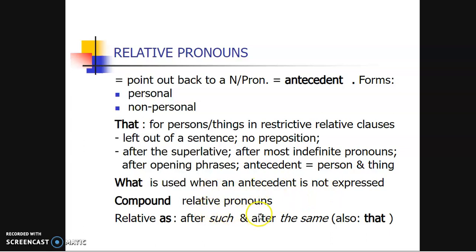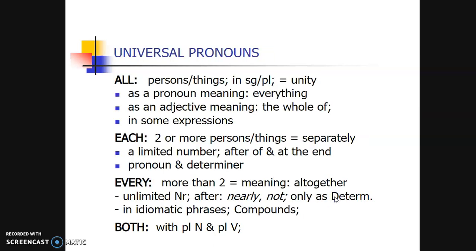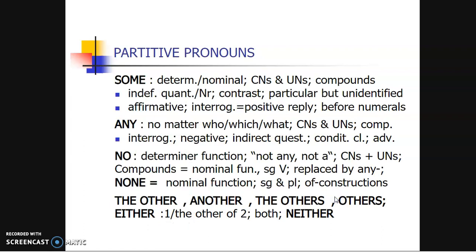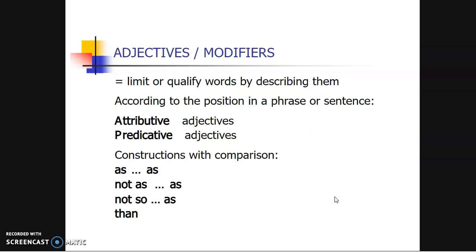Compound relative pronouns, and the relative as after such and after the same. Reciprocal pronouns: each other and one another. Universal pronouns: all, each, every, also both. Partitive pronouns: some, any, no, none, the other, one. Quantifying pronouns: many, few, much, a little.